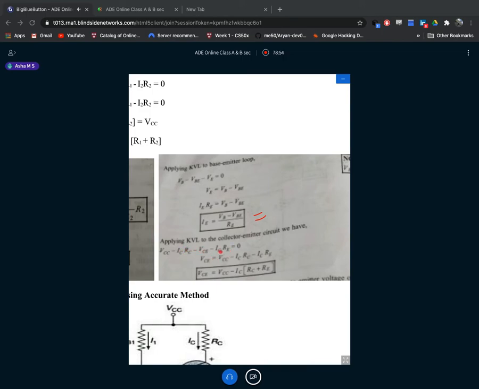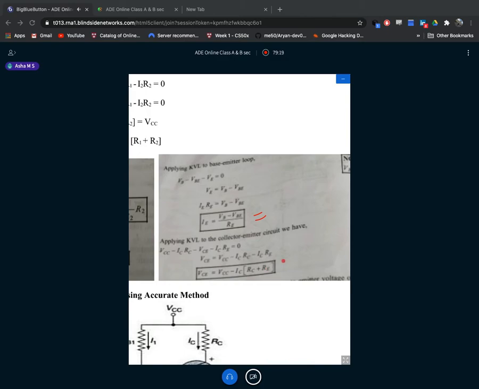Next, moving VCE to the other side and rearranging the terms gives VCE is equal to VCC minus ICRC minus ICRE. Taking IC common from these two, VCE is equal to VCC minus IC into (RC plus RE). This is the VCE value.